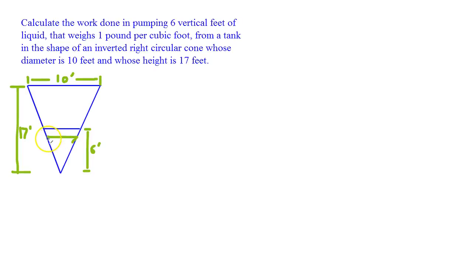So the slice should kind of look like a frustum. Okay, and this right here is going to be the width, which is ever changing because as you get further down the cone, the width becomes smaller and smaller. Now we do know that also this is going to be delta y, as we work with it.